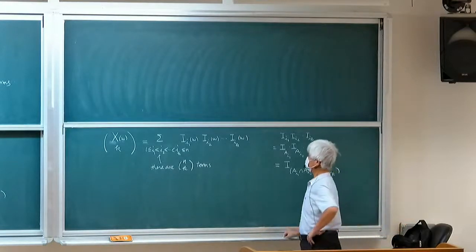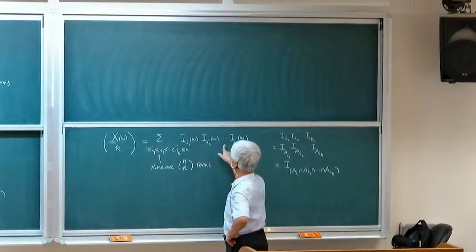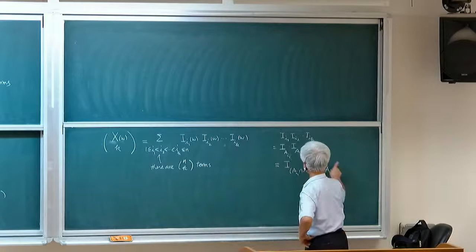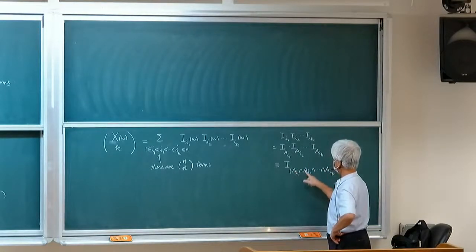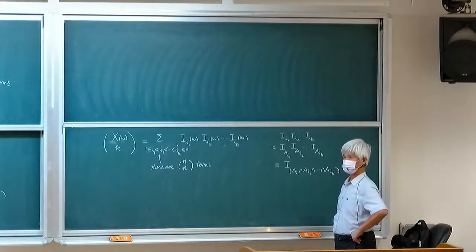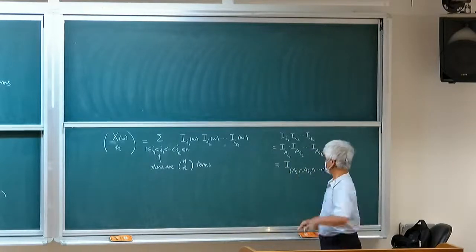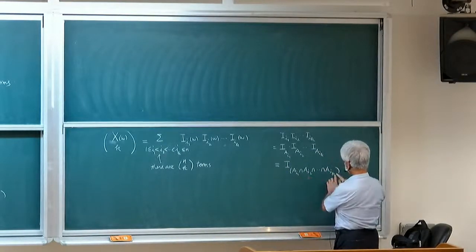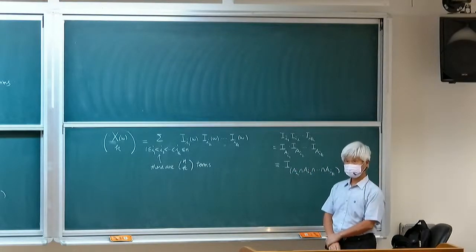So the product of these indicators is the indicator of the intersection, and this indicator equal to 1 means that these k events occur simultaneously.